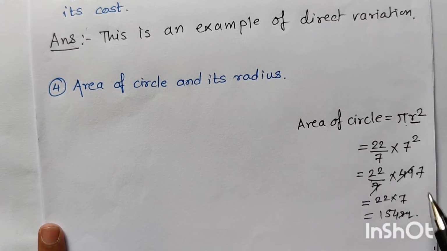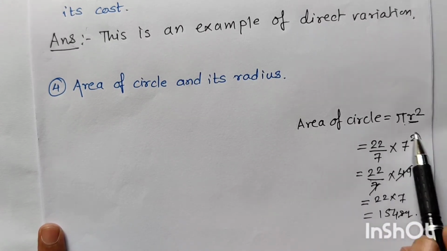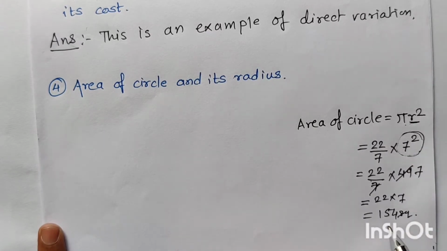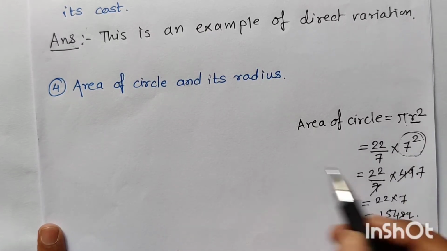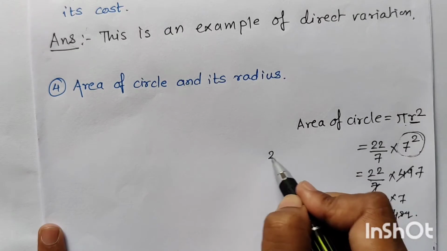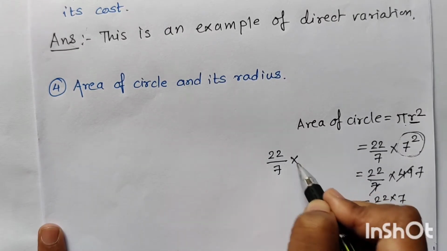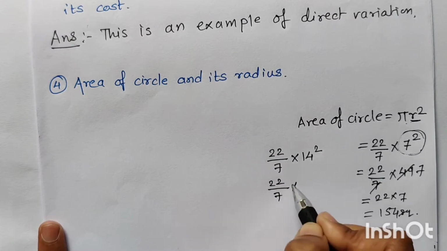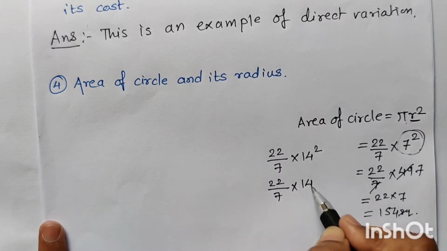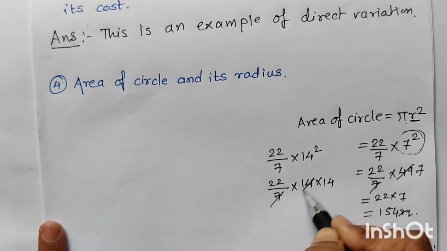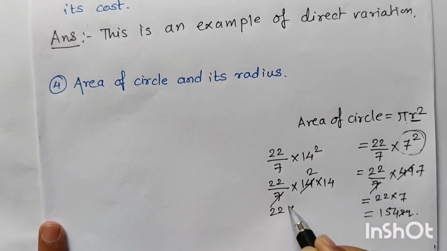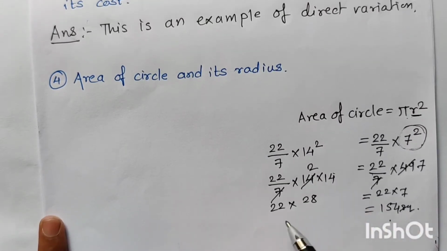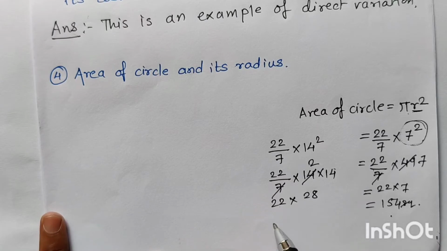Okay. So when I have taken the radius 7, the area is 154. If I take radius 14, for example, it is 22 upon 7 into 14 square. So what will be the area? 22 upon 7 into 14 square means 14 into 14. 7 2s are 14, 22 into 14 2s are 28. So what will be the answer?